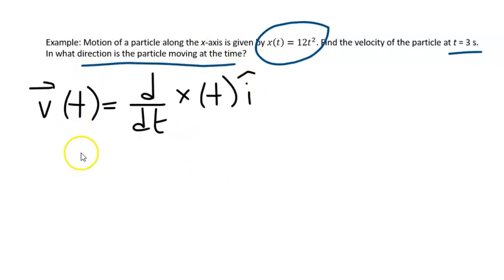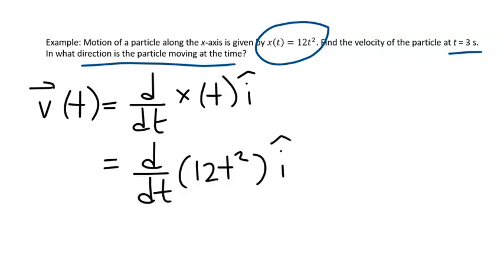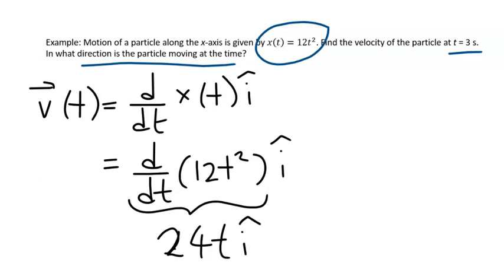So we will use the definition for the instantaneous velocity to compute the velocity of the particle at t equals 3 seconds. So we end up differentiating 12t squared, after substituting 12t squared for x(t). And of course, the result of this differentiation is 24t i hat.